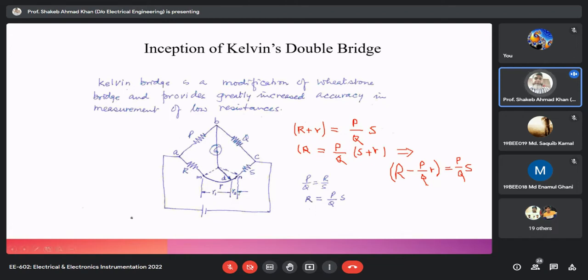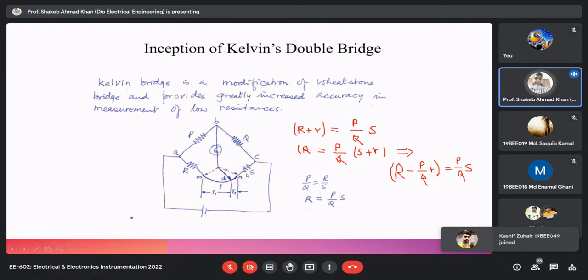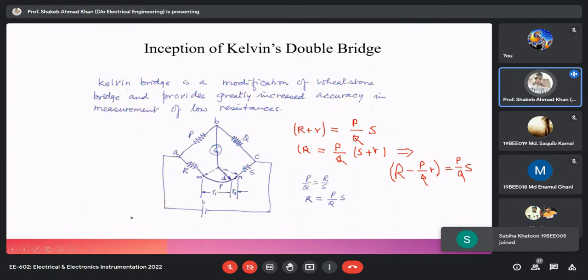So what is suggested? This is a conceptual solution: if this lead and contact resistance is divided into two parts, by connecting the galvanometer in between, in two parts R1 and R2 in such a way that the ratio of R1 and R2 is equal to the ratio arms, then its effect will be compensated on the final result.